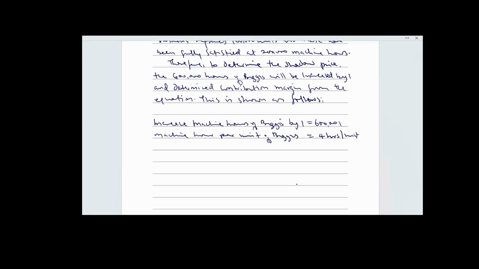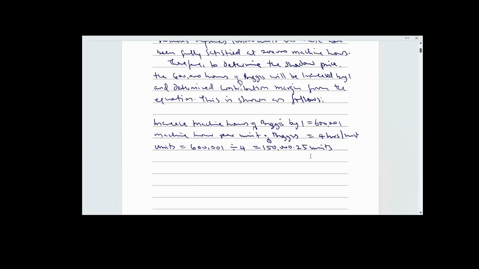Therefore, the units to be produced with this increment will be equal to 600,001 divided by hours per unit, which is 4, equal to 150,000.25 units.